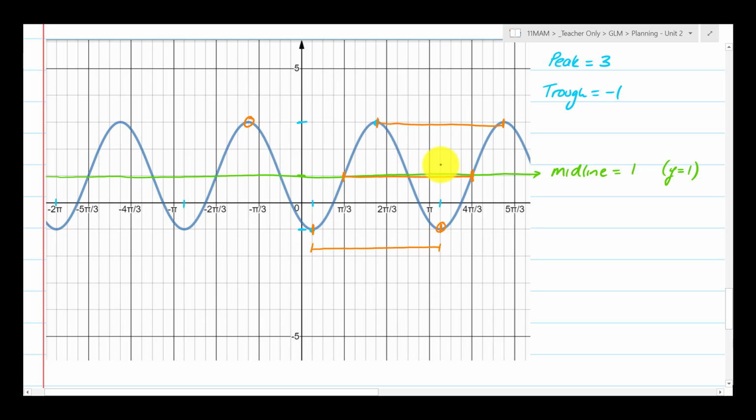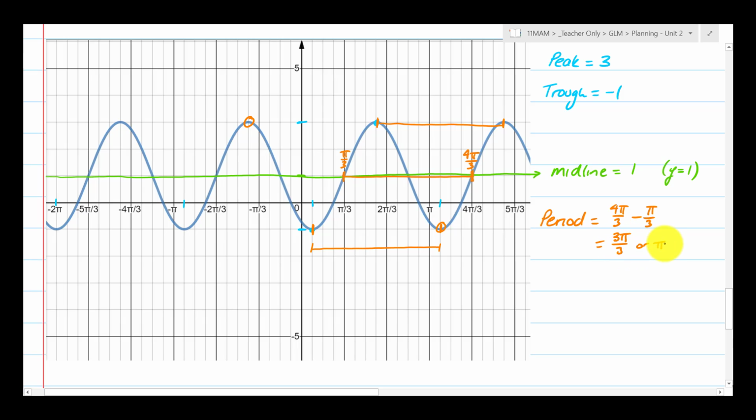So what I'm going to do is determine the gap between them, and I can see that this starts at pi over 3 and goes up to 4 pi over 3, and so therefore my period is equal to 4 pi over 3 minus pi over 3, which is equal to 3 pi over 3, or just pi.